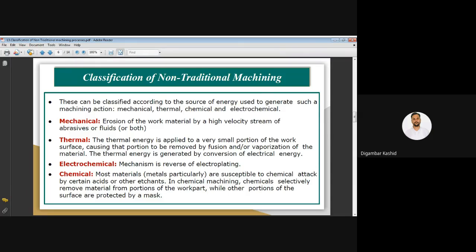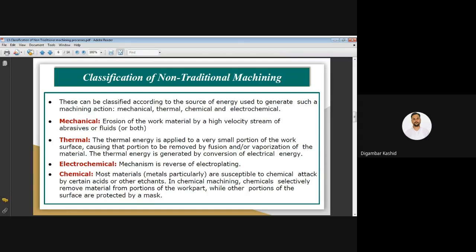If you use a high velocity stream of abrasive, then it is called abrasive jet machining. If you use a high velocity stream of water or water jet, then that process is called water jet machining. And if you use them combined, then abrasive water jet machining. So for mechanical energy based processes, erosion action is important because only due to the erosion action is material removed from your workpiece.